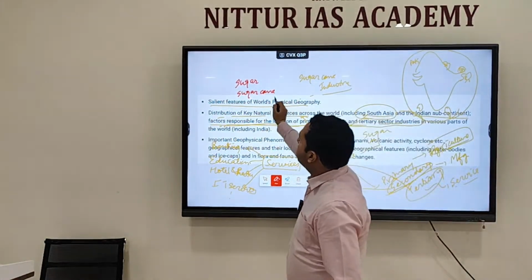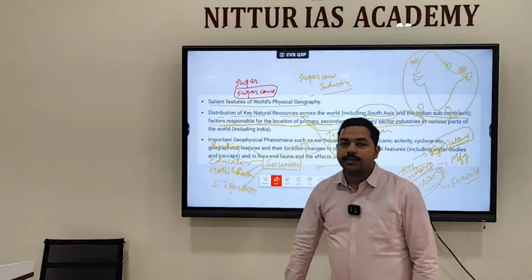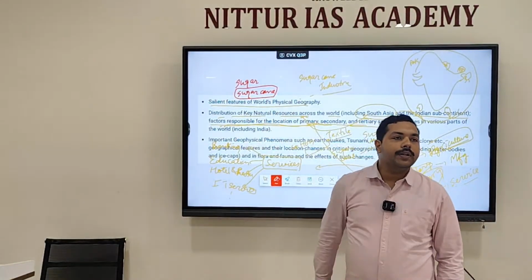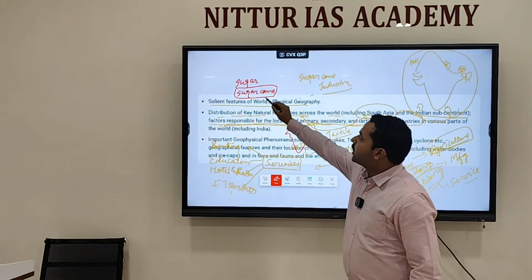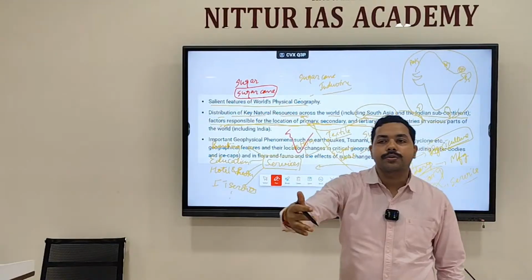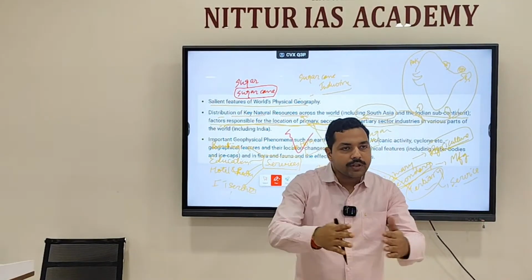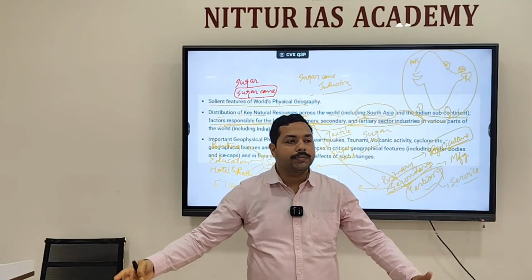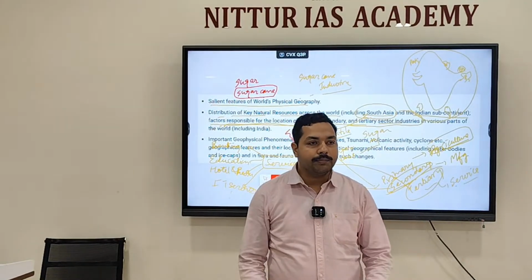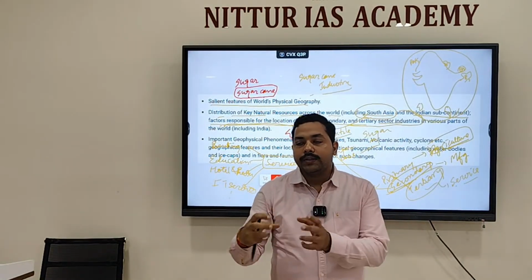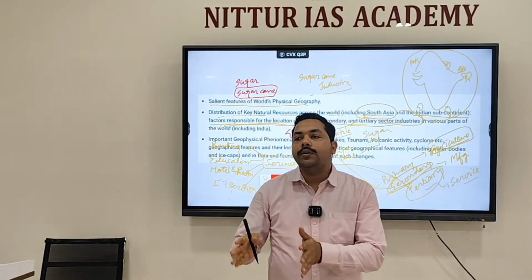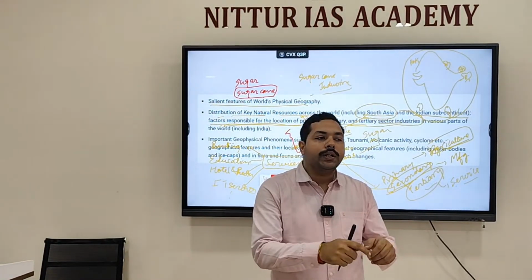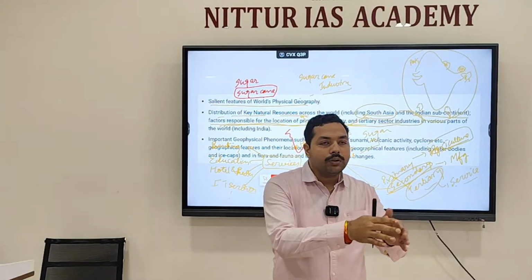So that's why whenever you are setting up a sugarcane industry, you will set it up where sugarcane fields are there. Clear? Why? Because it is difficult to transport sugarcane to a longer distance. Because if you are transferring it to a longer distance, what will happen? Transportation cost will come, transportation cost will add, and this will make your product what? More costly. Clear? So that's why you want to set up industries where the things are located.